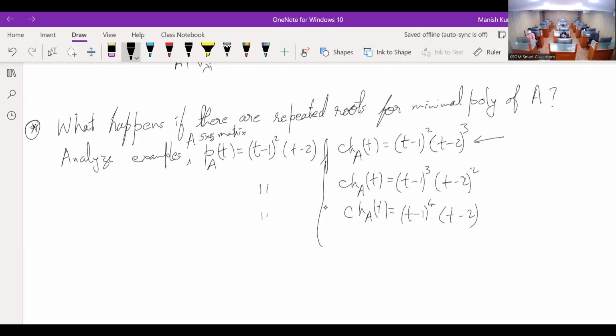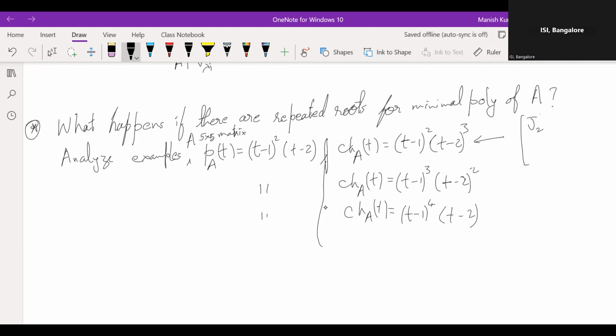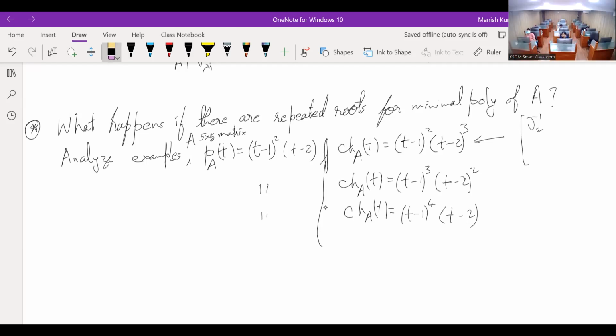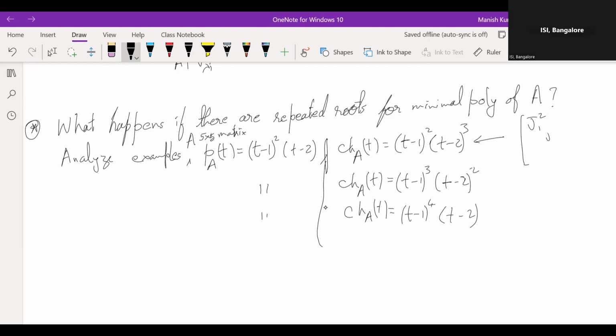A 2 by 2 eigenvalue 1 block, J12, and then J21, three blocks, yeah? So is everyone convinced that this will be the answer?